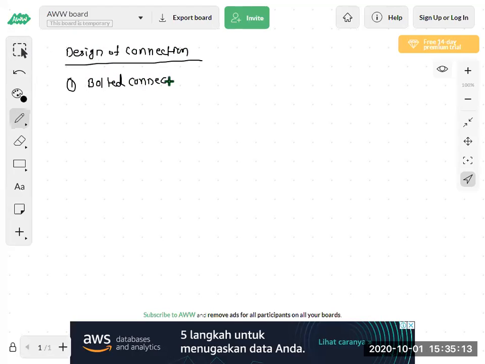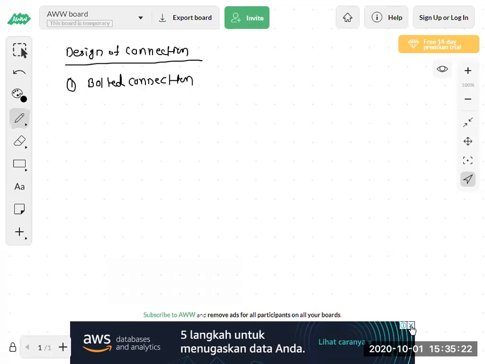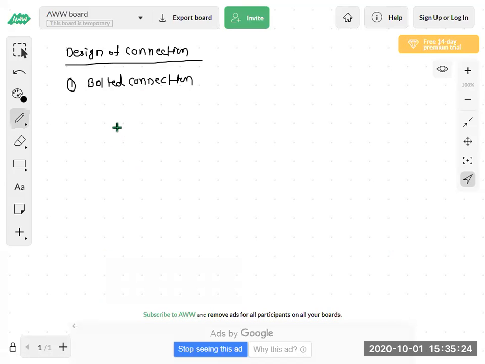We have seen some of the parts of this bolted connection. So we have to design bolted connection. It means we have to calculate the number of bolts. So number of bolts for this batten system we have to calculate.